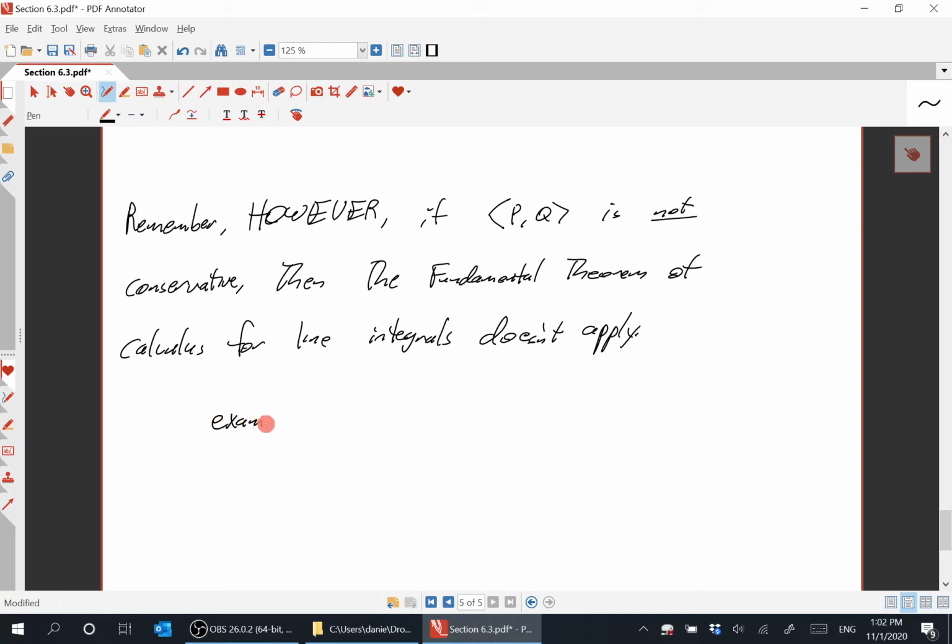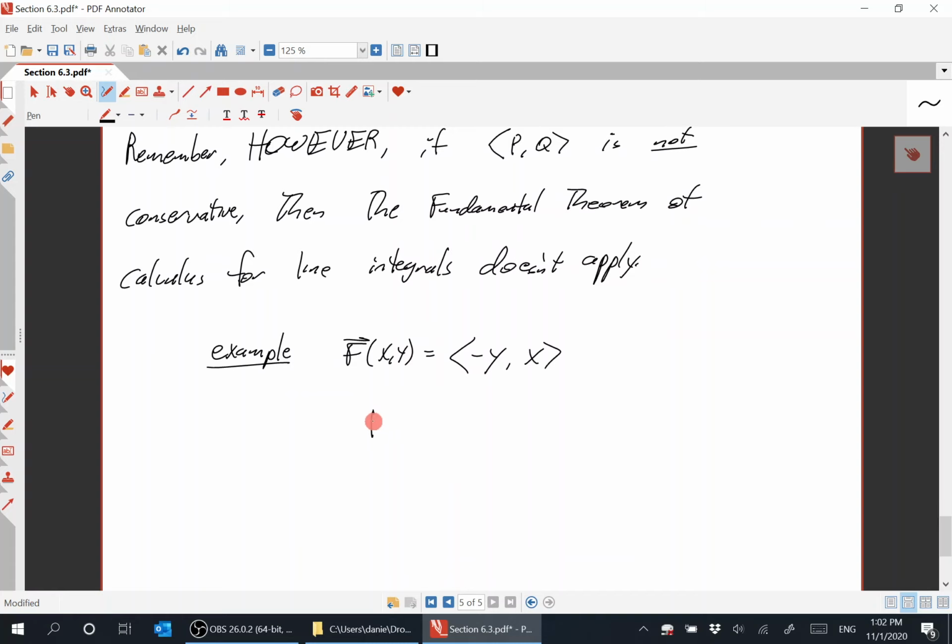like for example here, right, there was that real simple vector field we have been talking about, that whirlpool vector field, over the last couple sections. Here, P is equal to minus y, and the partial derivative with respect to y is minus 1. Q is equal to x, and the partial derivative of Q with respect to x is 1, right?